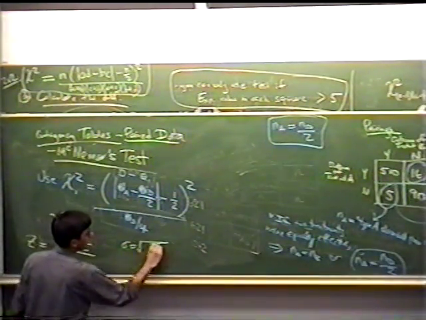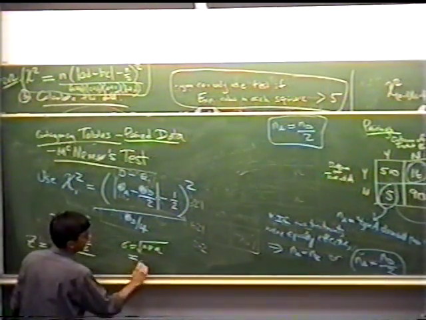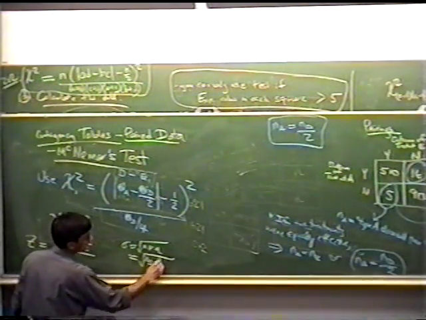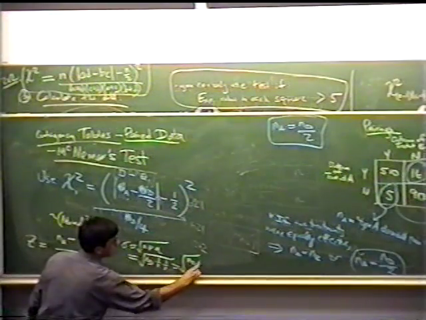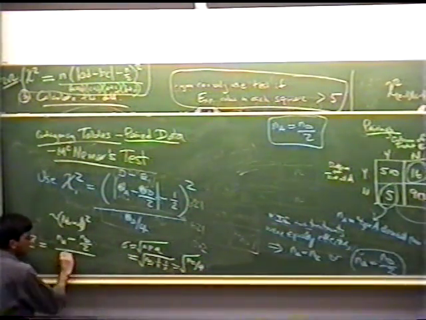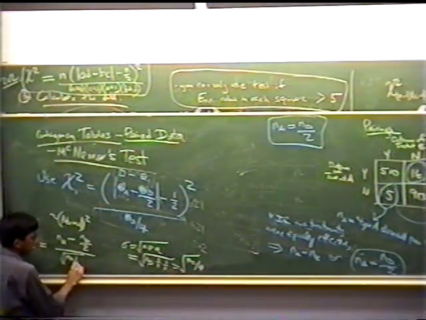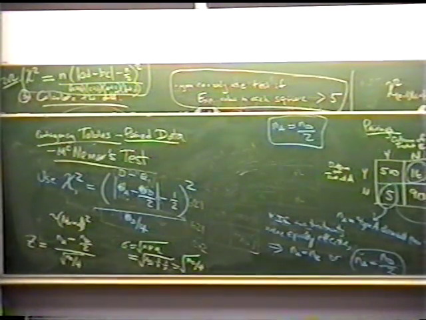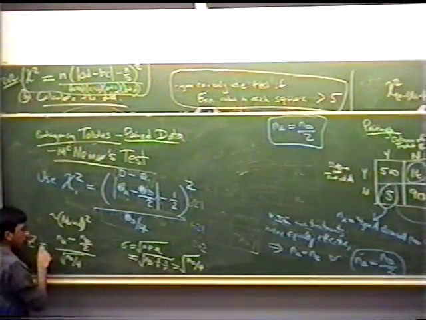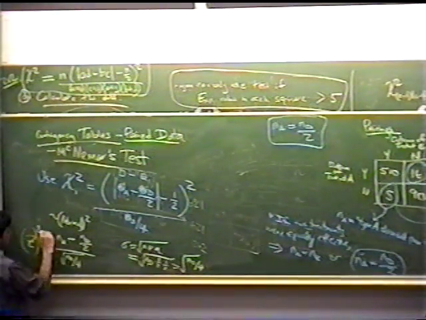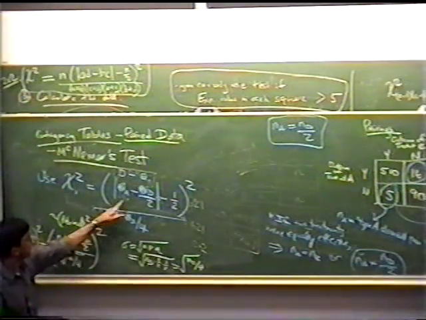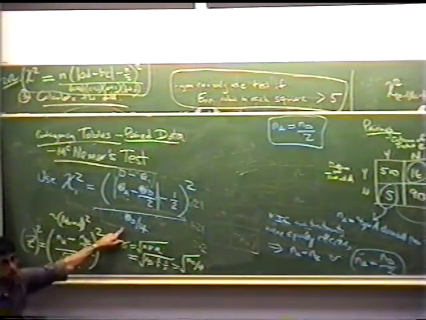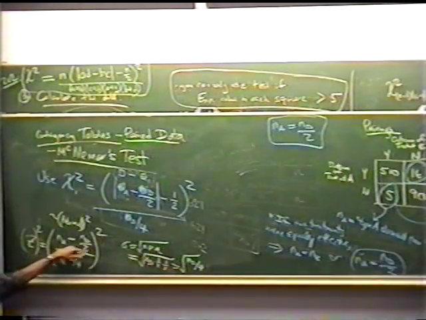That's equal to the square root of n p q, the square root of n sub d times 1/2 times 1/2, which is equal to the square root of n sub d over 4. So that's the test we would use if we were doing a z-test. Well, a chi-squared is just the square of a z-test, and that's what we have here. It's the square of this over the square of this. And that's why we divide by 4.